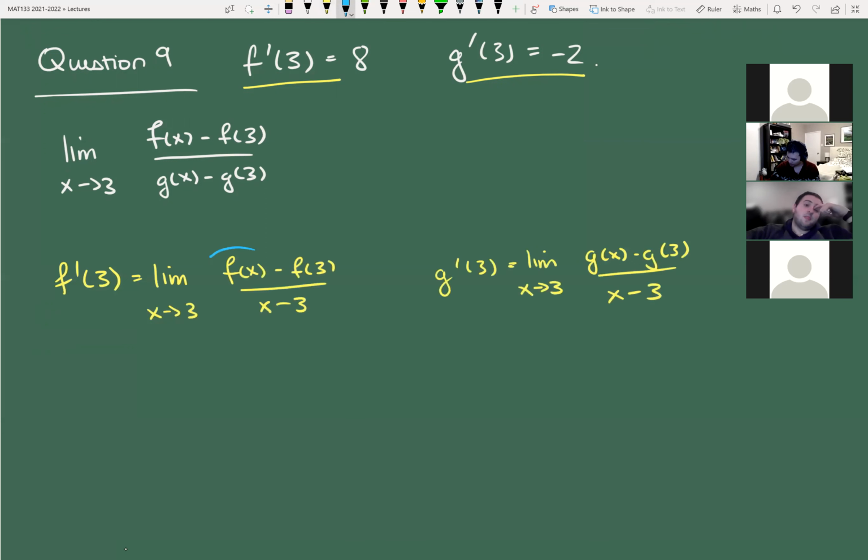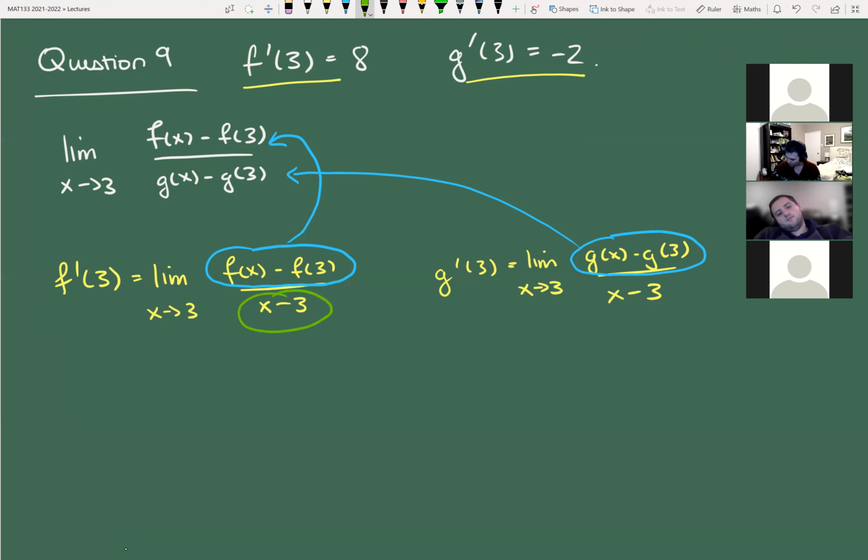Note that this thing right here is that, and this thing right here is that. The only thing that we're missing in the limit that we're trying to compute is the x minus 3's, but it's common to both of these things. There's an x minus 3 in the denominator here, and an x minus 3 in the denominator here.